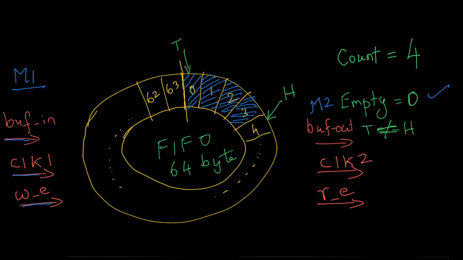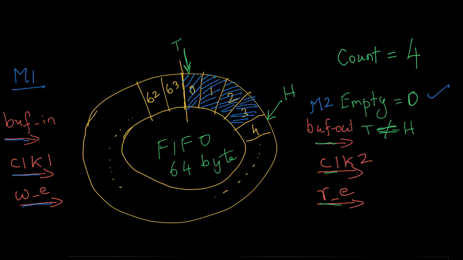So when the clock 2 is given and read enable is given, FIFO will start pushing out data into buffer out from the tail pointer. The tail pointer is currently pointing to 0, and this data will be sent out to buffer out, and your tail pointer will increment in the same direction as head.